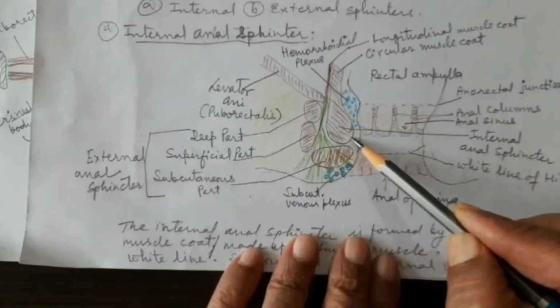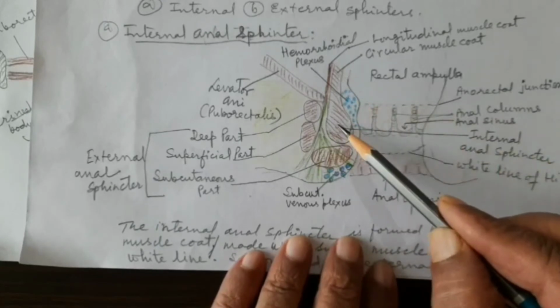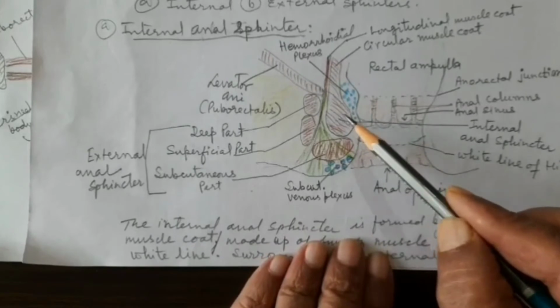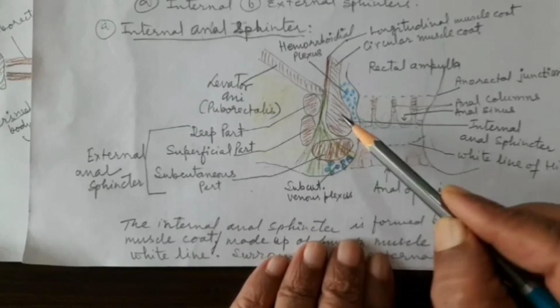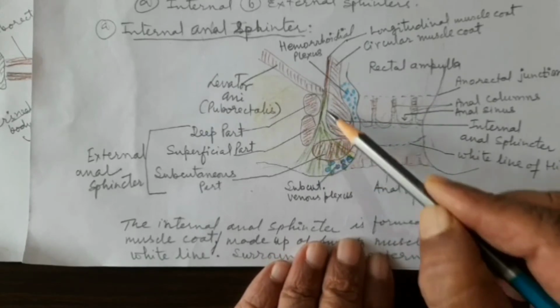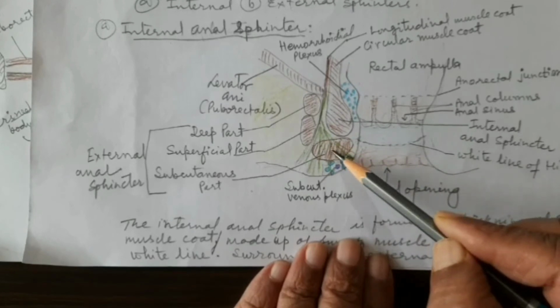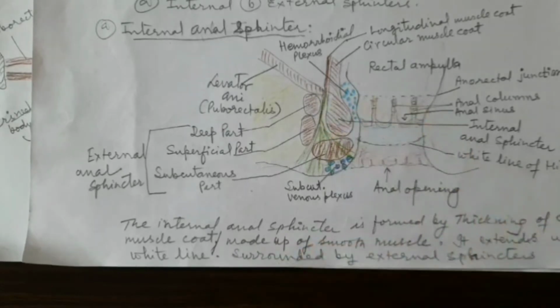This is the internal anal sphincter, made up of smooth muscle by the thickening of the circular muscle coat. So its action is not under our control, because it is supplied by the autonomic nerves, sympathetic and parasympathetic. Then the external anal sphincter has three parts: a subcutaneous part, a superficial part, and a deep part.